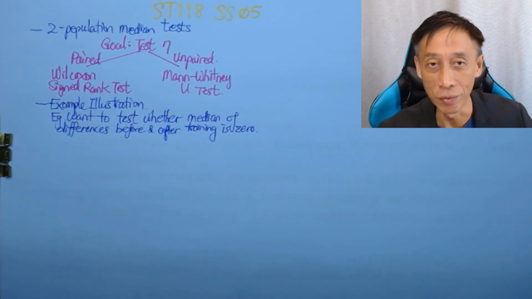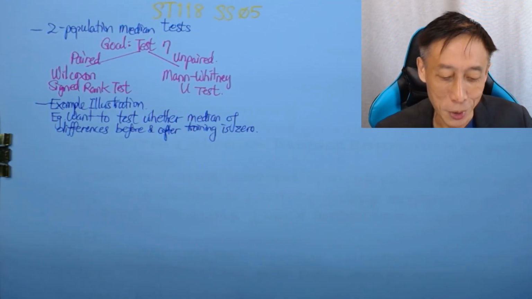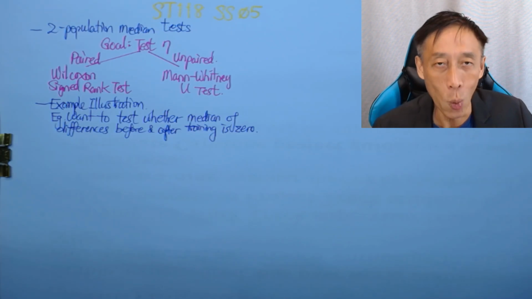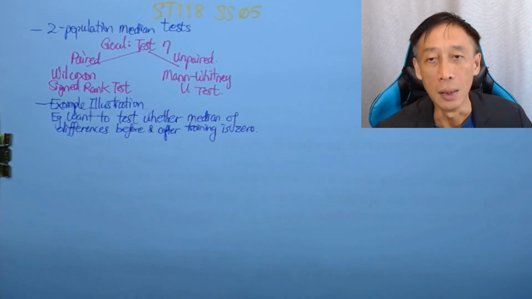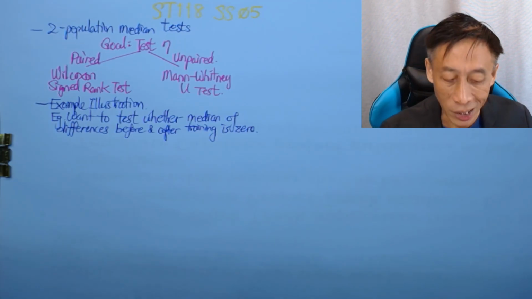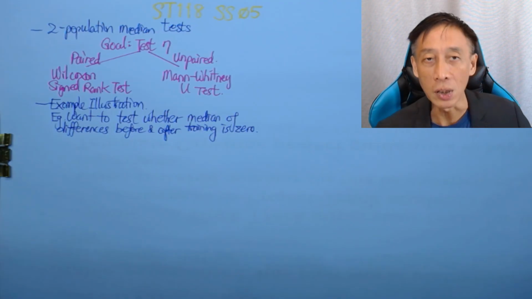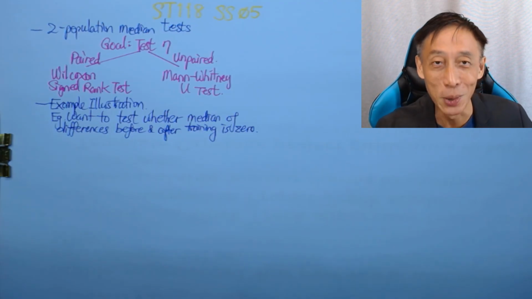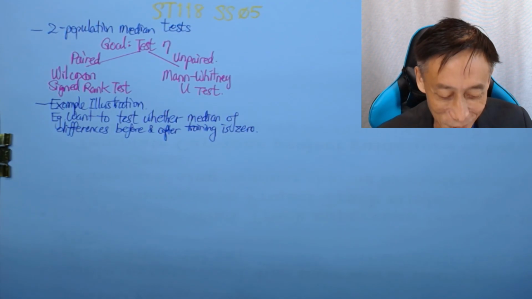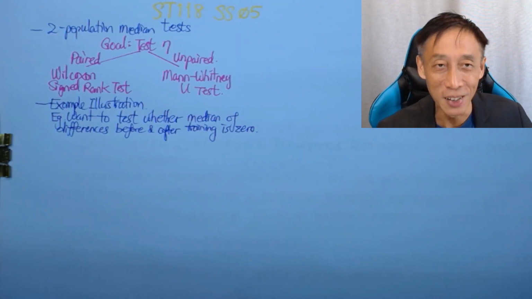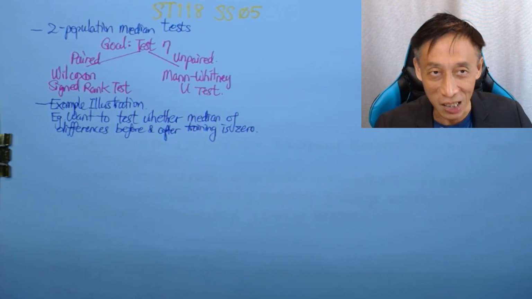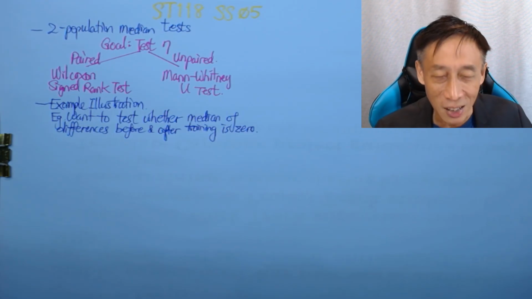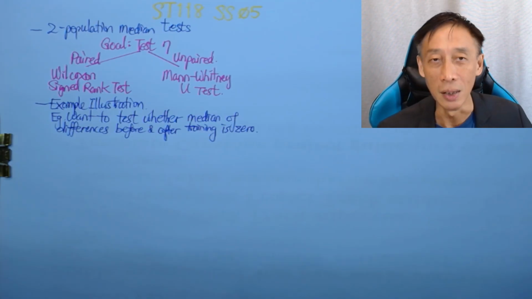The effect may be in terms of productivity, memory boost, camaraderie, relationships, and whatnot. So you can see that it has wide applications, the before and after, to see whether the stimulus, in this case the training, is effective. Of course, it can also be some sort of ginseng soup, chicken essence drink, or newly branded high caffeine coffee, to test whether the effect is really there, significantly detectable by measurements.